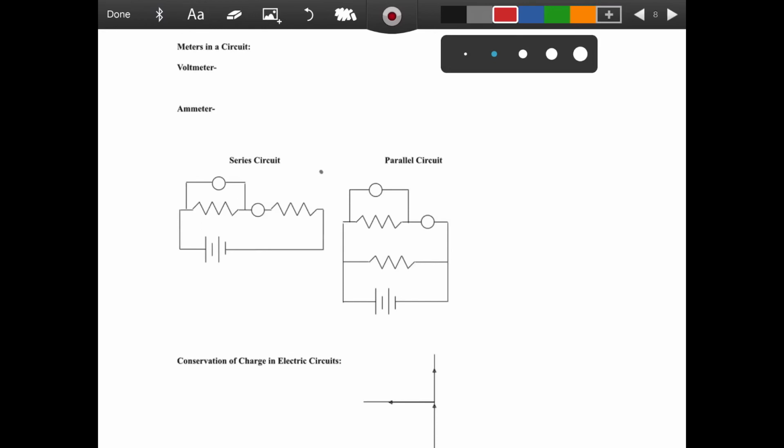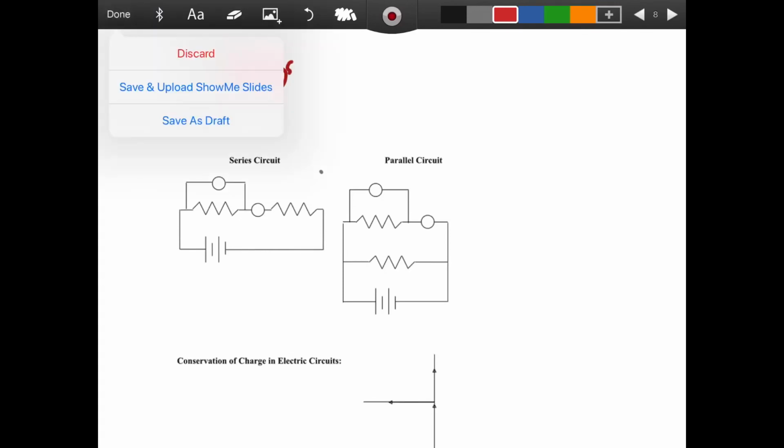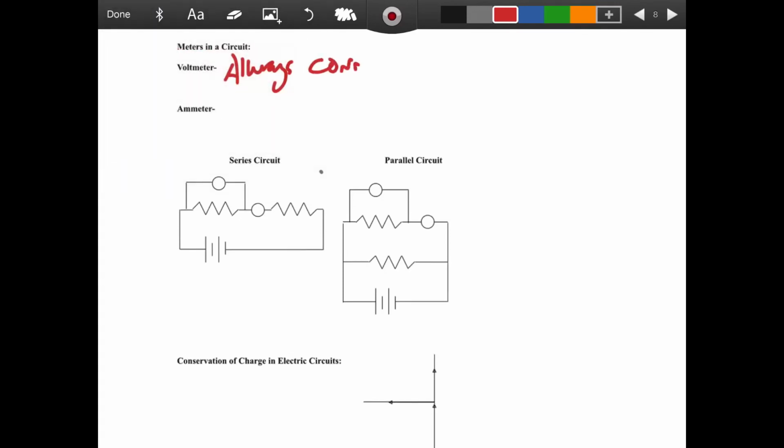As far as meters in the circuit, really the key thing to know is that a voltmeter is always connected in parallel. And an ammeter, which measures current, is always connected in series.